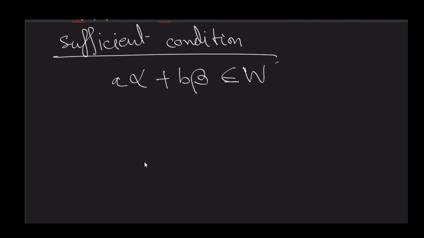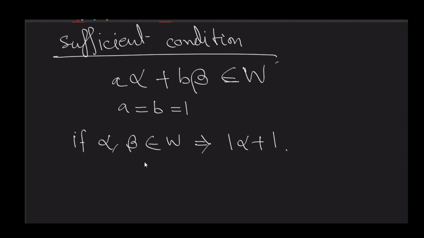Now we take a equal to b equal to 1. Then if alpha, beta belongs to W, it implies 1 alpha plus 1 beta also belongs to W, and hence alpha plus beta belongs to W.